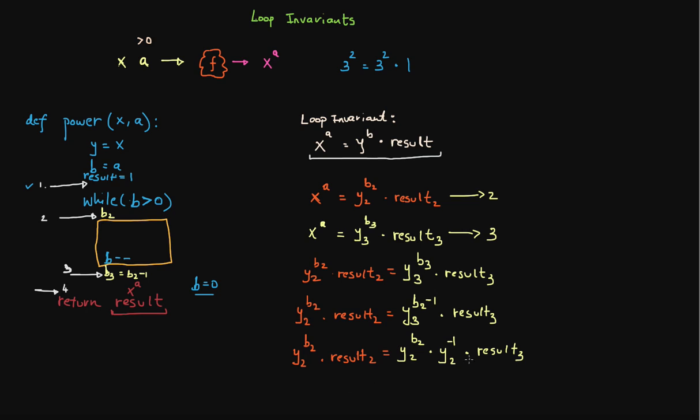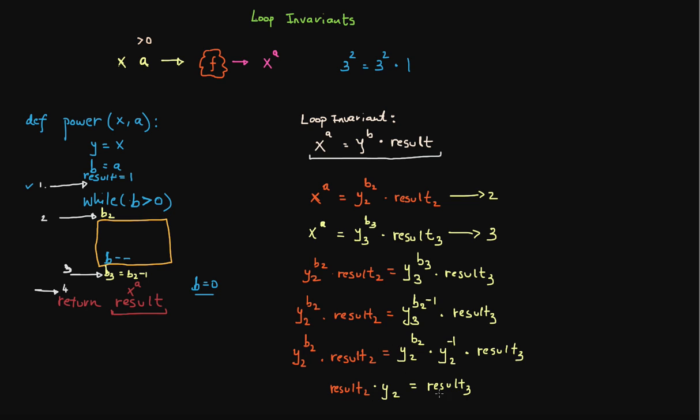So result 3, if I take this y2 to the power minus 1 to the other side, is result 2 times y2, equal to whatever is this result 3.